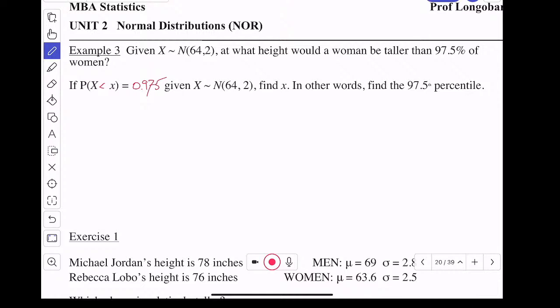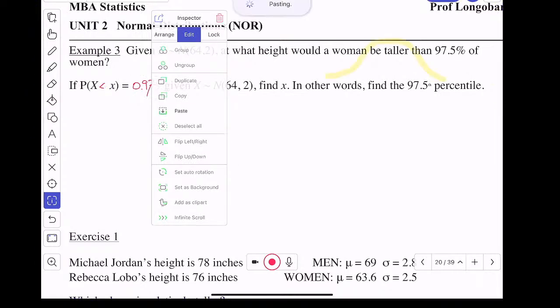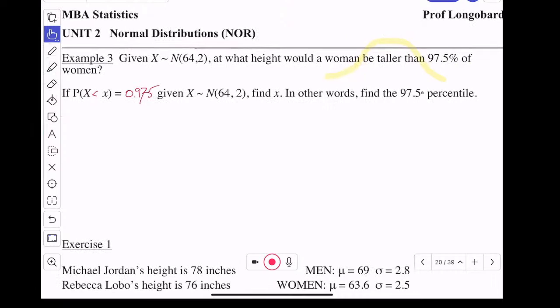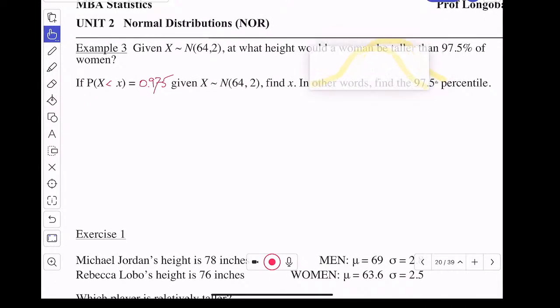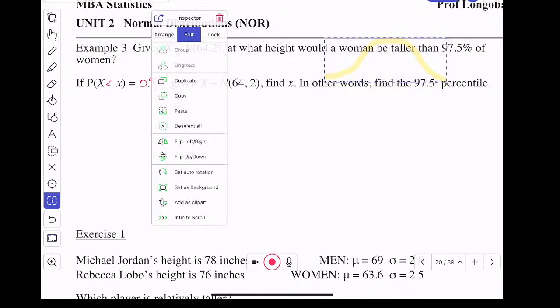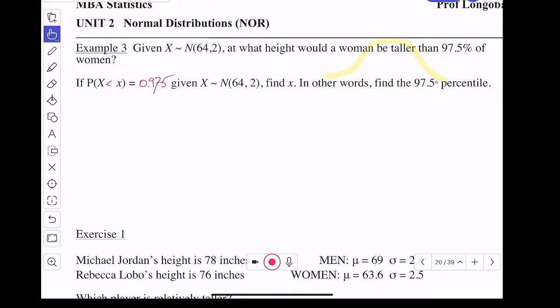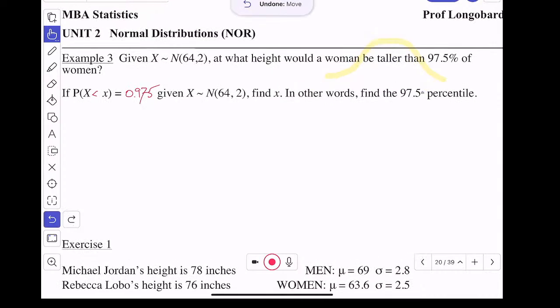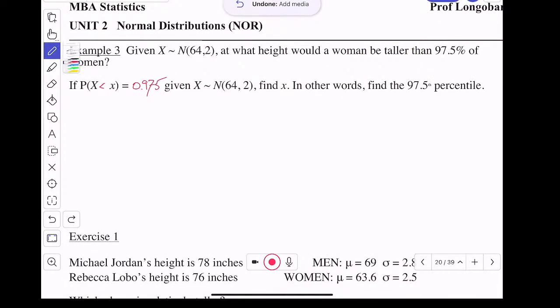So we draw it. That didn't work. Let's draw a new one.